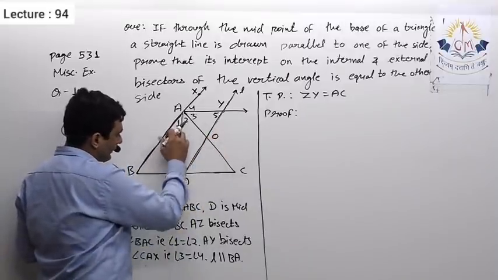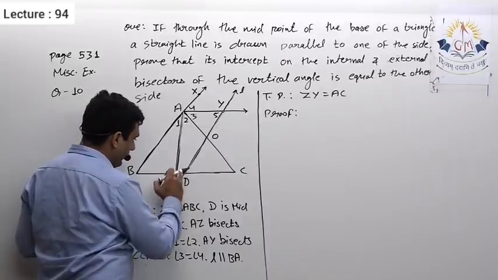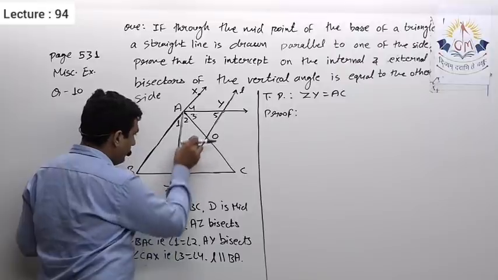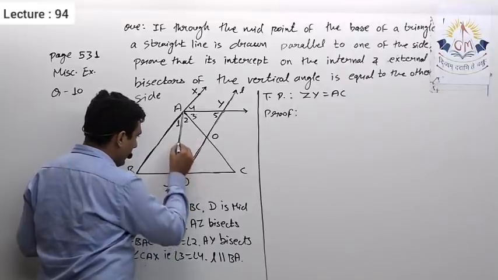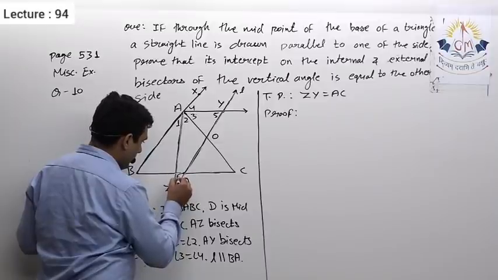So angle 1, now let's say this is angle 6 for a while. I need one more angle, so here I am taking this angle as angle 6.